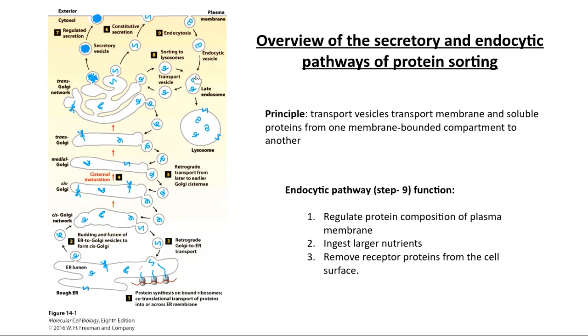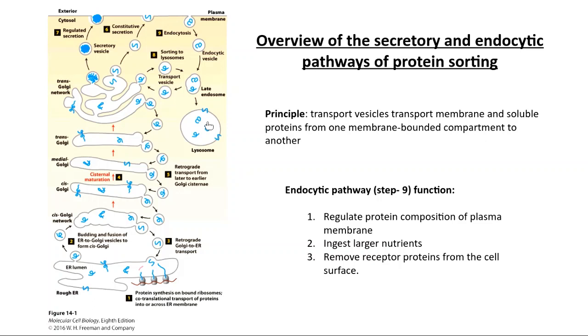So instead of budding off, the plasma membrane invaginates to form vesicles. These are called endocytic vesicles, which eventually go and fuse to make the late endosome. Then the late endosome fuses with the lysosome.